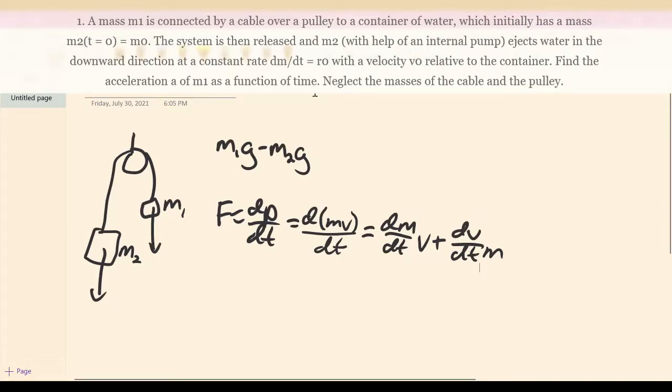Suppose the velocity of the mass m2 is v at this point. Then we can use conservation of momentum this way. The momentum is, of course, m2 times v.